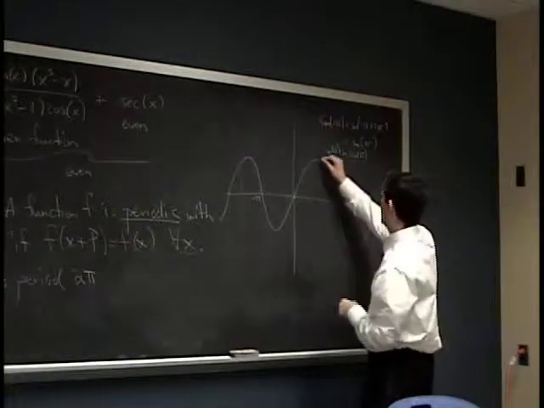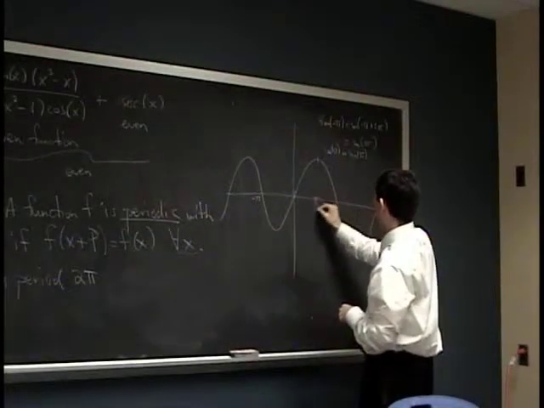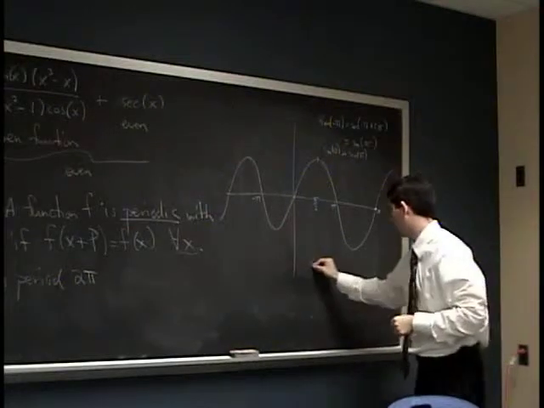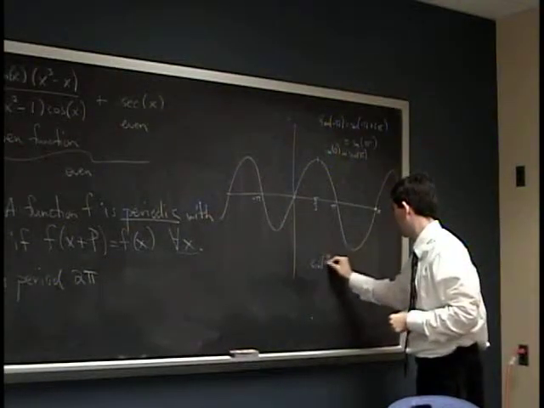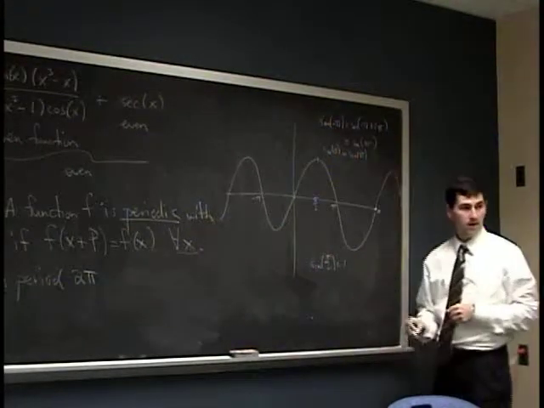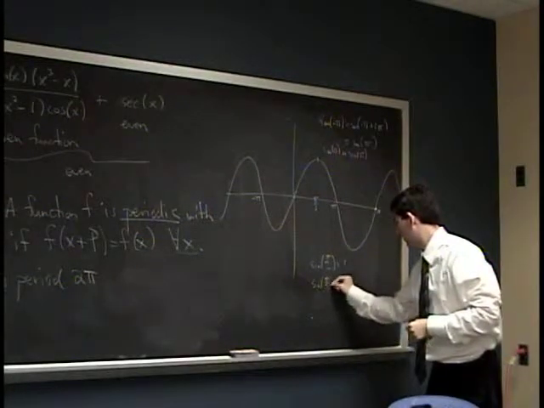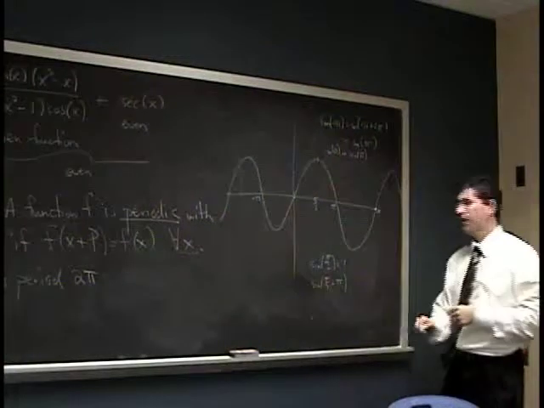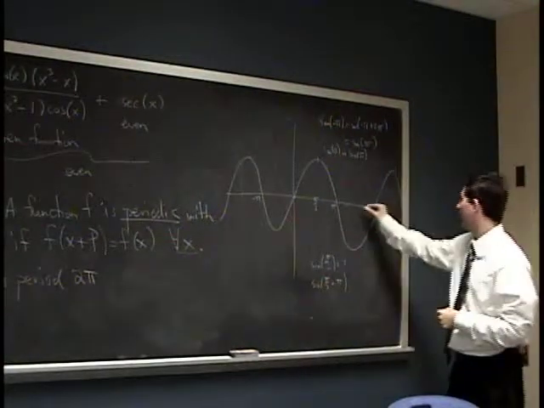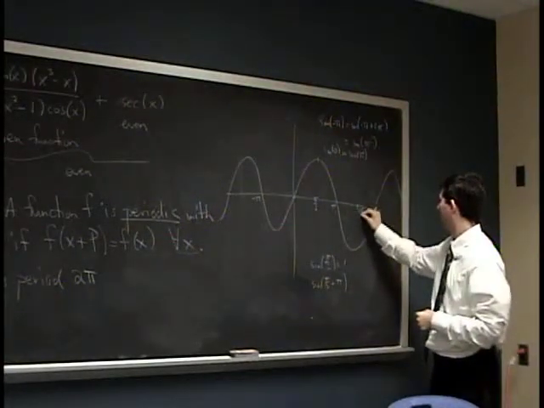But what if we went up here to pi over 2? Sine of pi over 2 is 1. What is sine of pi over 2 plus pi? Negative 1. That's 3 pi over 2.